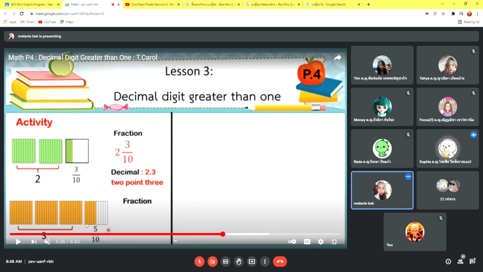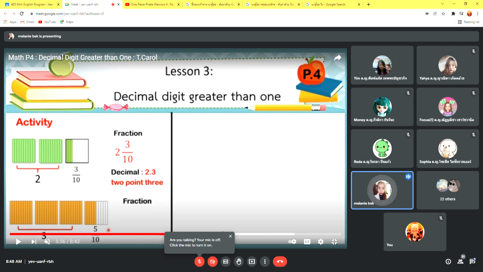Let's count: 1, 2, 3, 4, 5. Okay, so there are 5 parts shaded. If you're going to write this one in fraction, how are you going to write it? In fraction, 3 and 5/10.